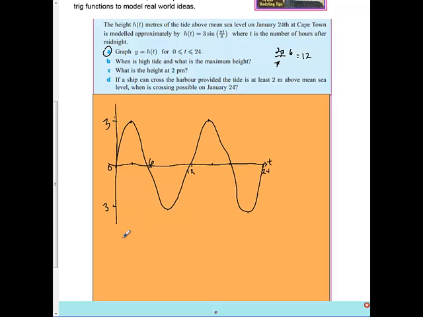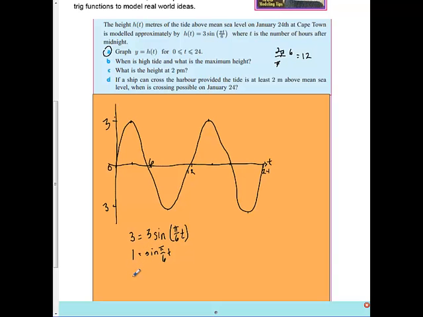But let's go ahead and do that algebraically just to show you how we do that. We're going to say at what time is the height 3? So when is 3 equal to 3 sine pi over 6t? Divide both sides by 3, and we get sine of pi over 6t is equal to 1, and that means the angle whose sine is 1 is pi over 6t.